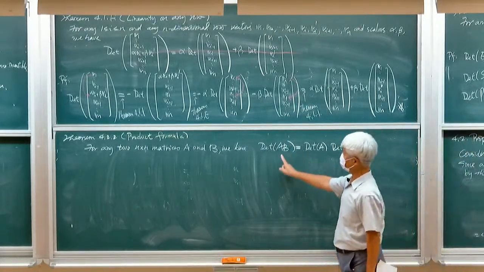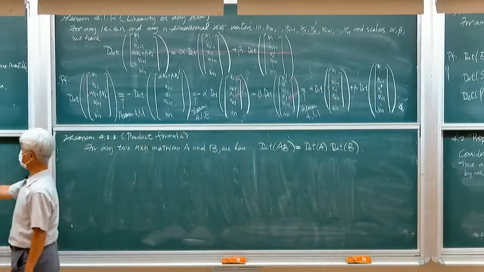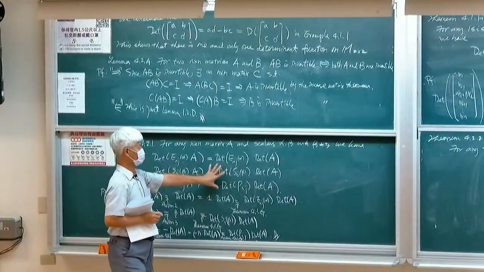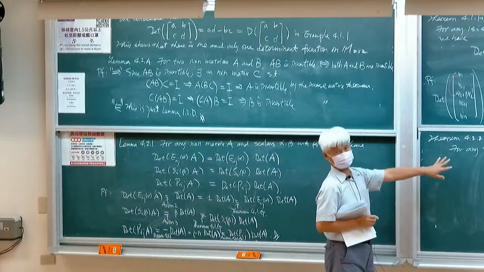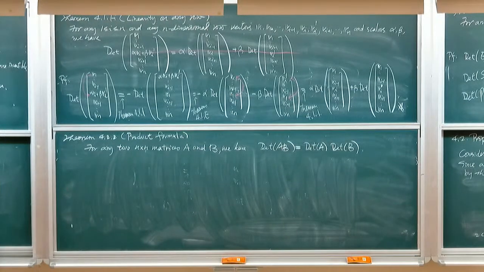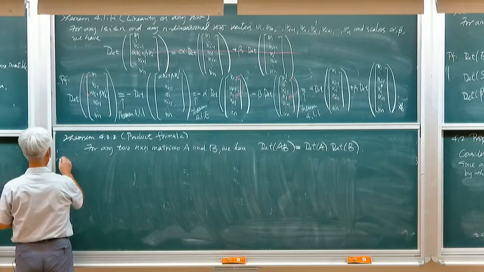Compare with this lemma: you can see this lemma is just a special case of the theorem here. But the proof of the general case needs the special cases. All right, so the proof here.